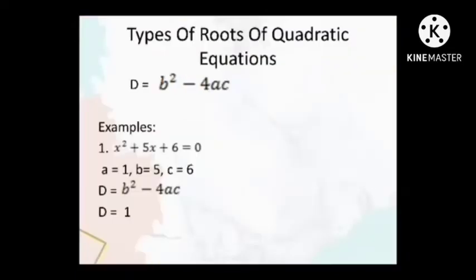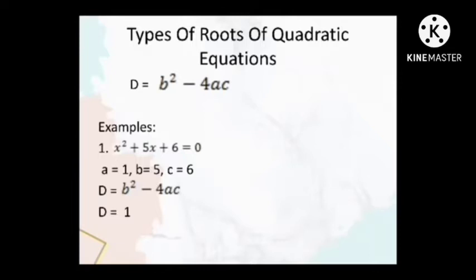The form b squared minus 4 times a times c is called the discriminant, which is denoted by the capital letter D, so D equals b squared minus 4 times a times c.